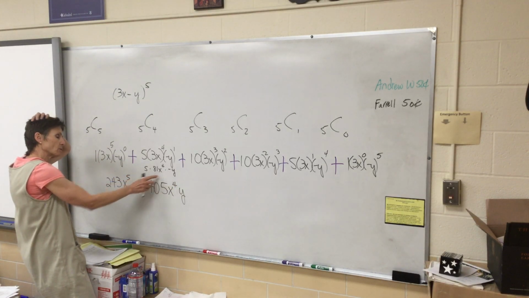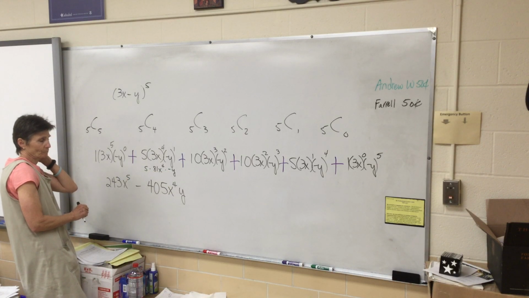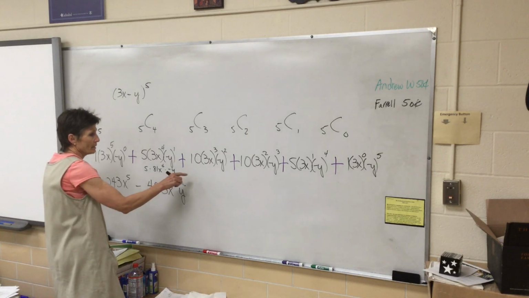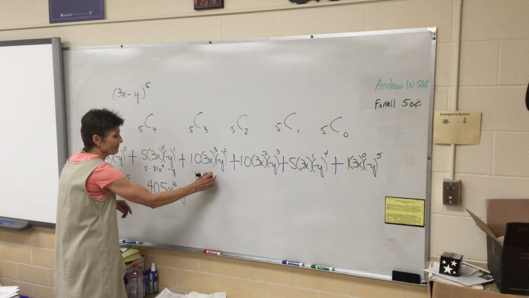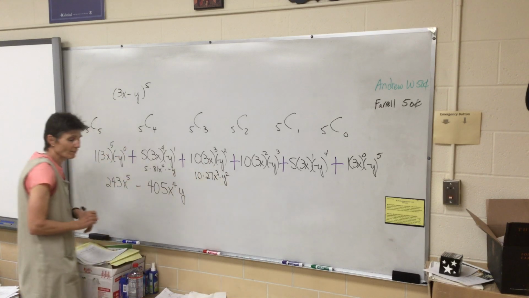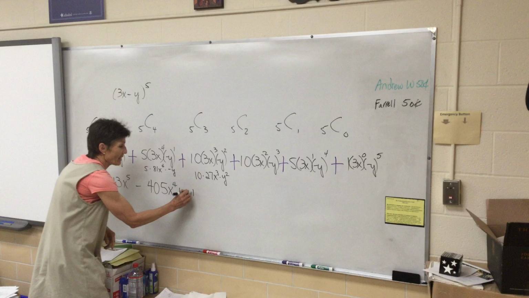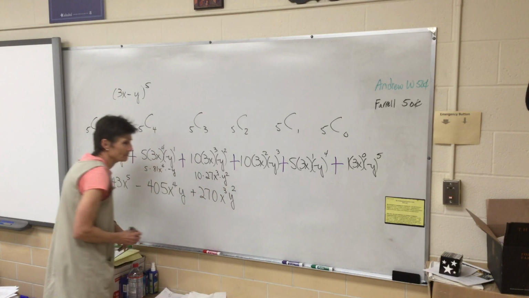All the numbers get multiplied. 5, 81, negative 1. Here, I have 10 times 27x cubed times y squared. I'm squaring a negative, so it becomes positive. So that's 270 x cubed y squared.